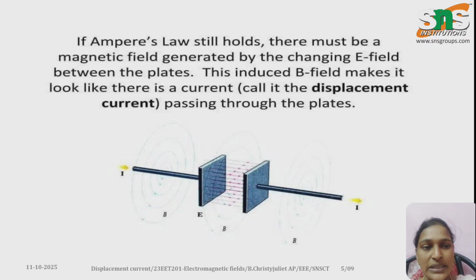But what happens in between the plates? There is a gap, a dielectric medium, right? In that medium, due to the change in electric field between the plates, a magnetic field is induced, which causes a current flow. And that current is called the displacement current.